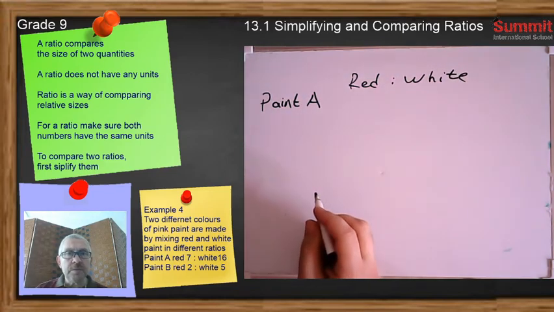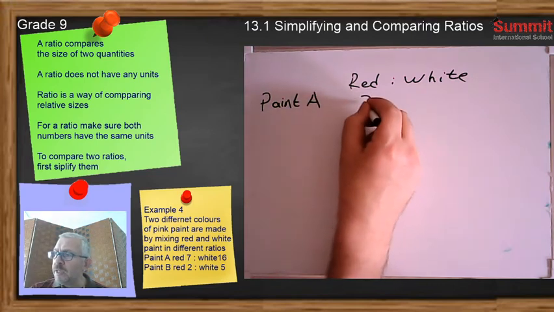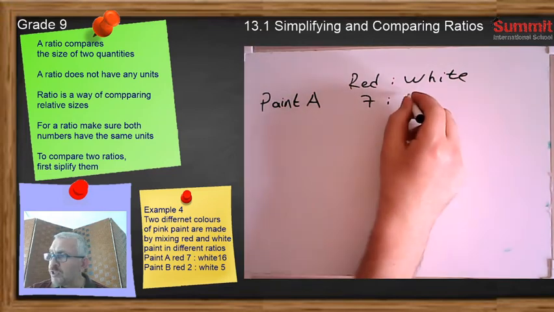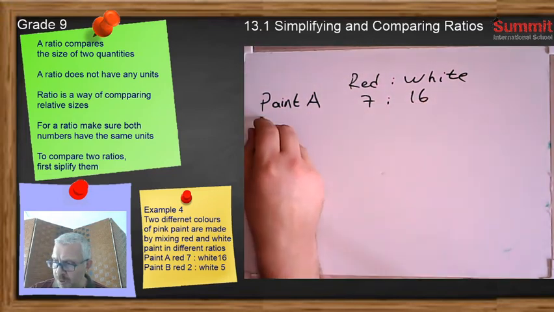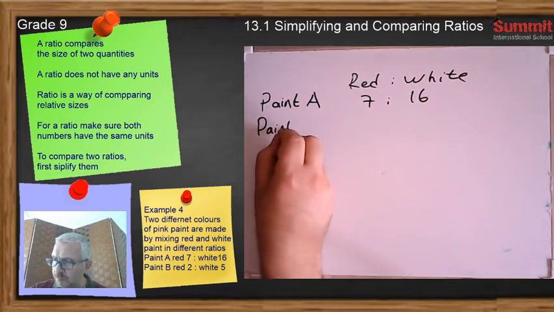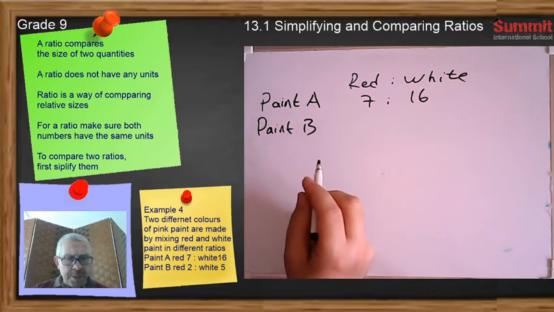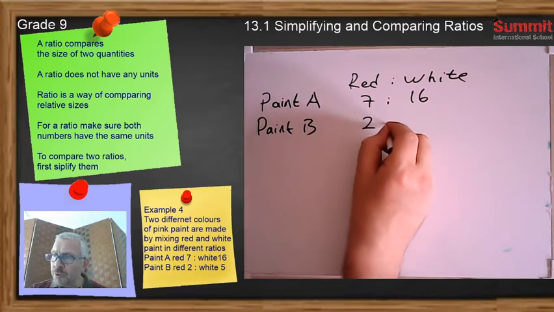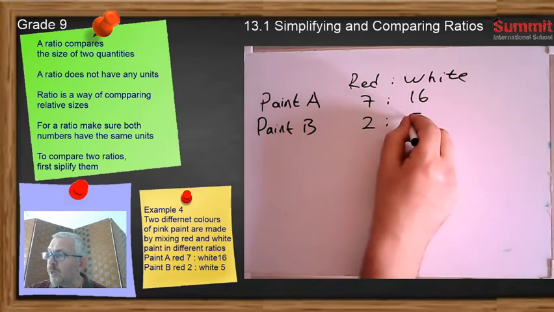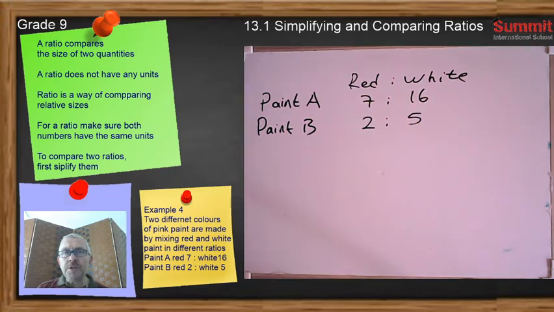The ratio of paint A is 7 red and 16 white. The paint B is 2 red and 5 white. Now as you see here, the ratios are already in their simplest form.